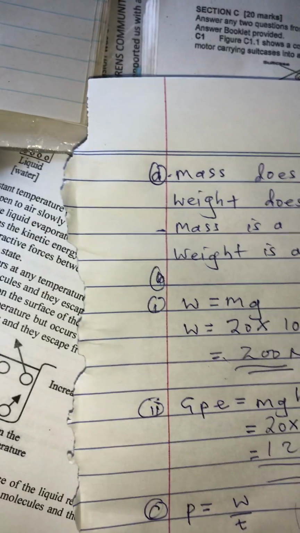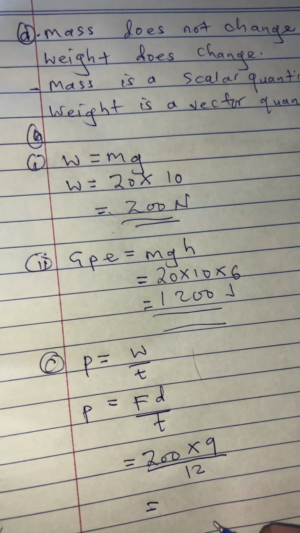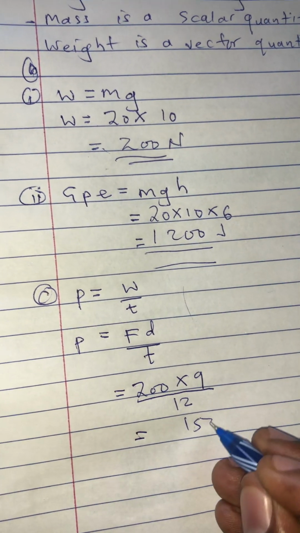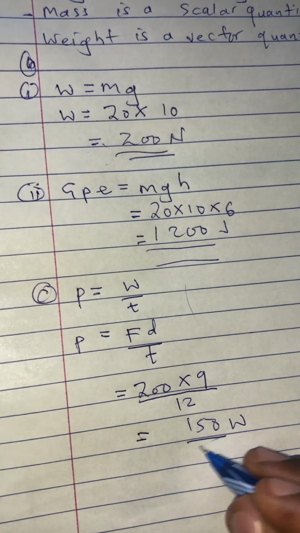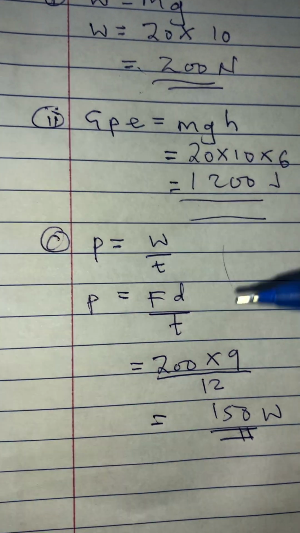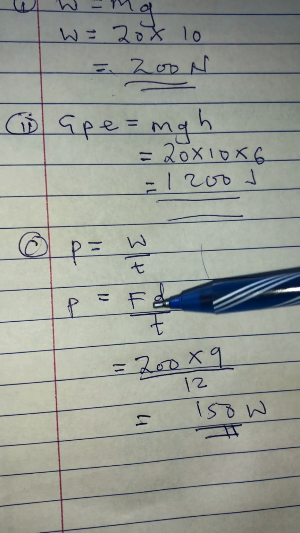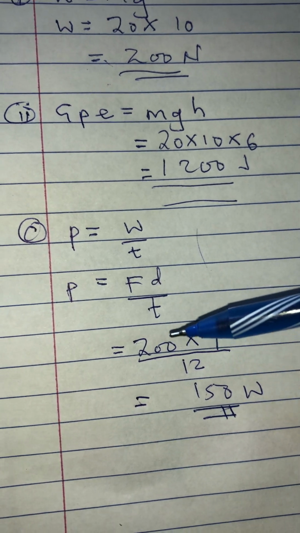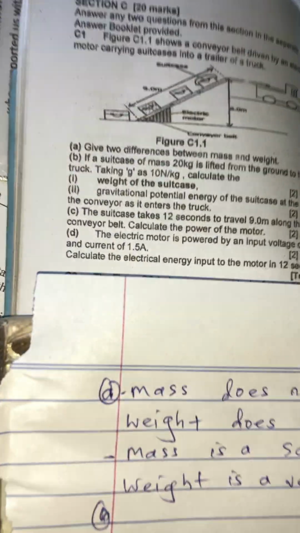That's what they're saying. So after doing the calculations, we're going to have 150 watts. Okay, that is the power. So this is how we calculate for power. Power is the rate at which work is done, and then this is a formula for work, time, and everything has been given. Let's move on.